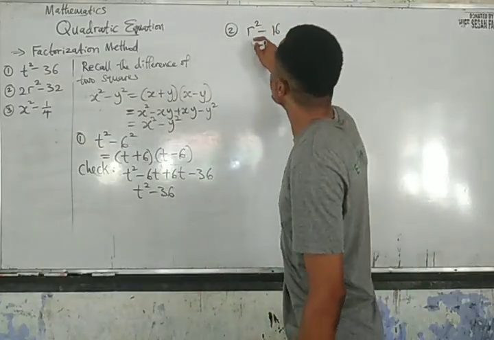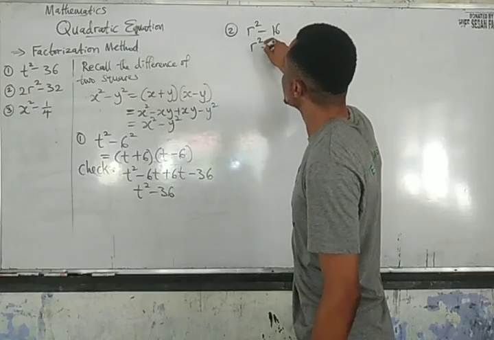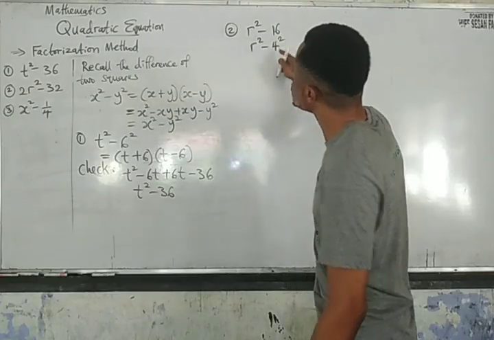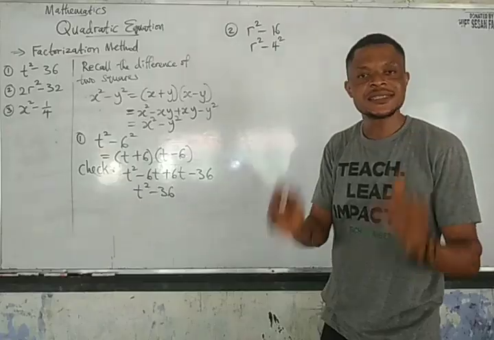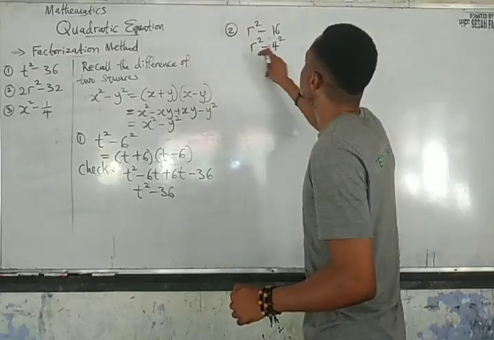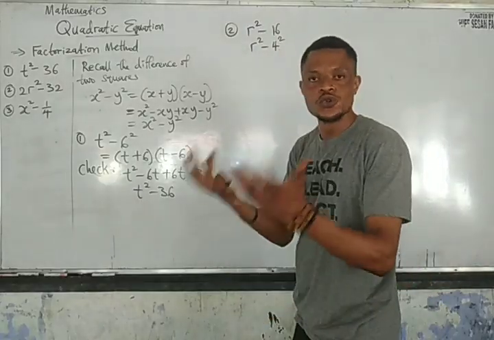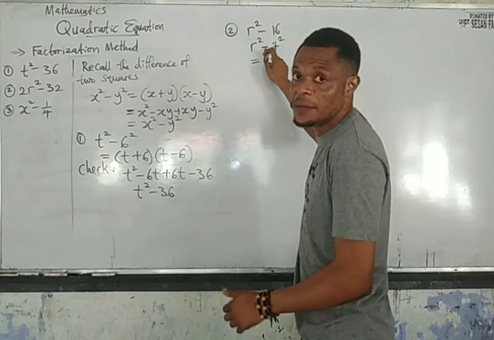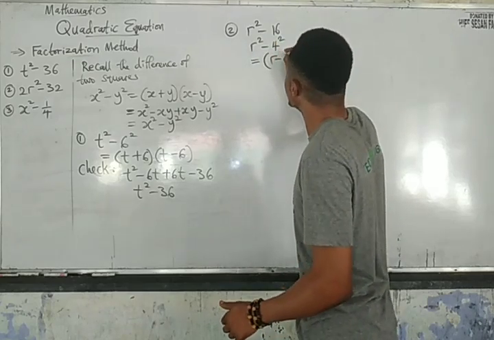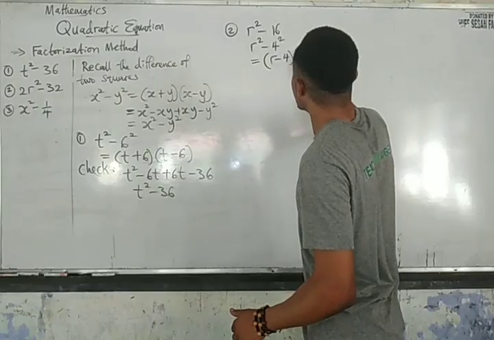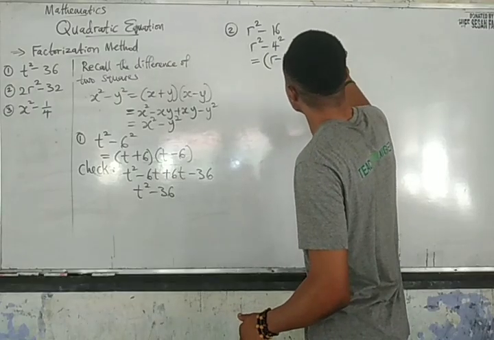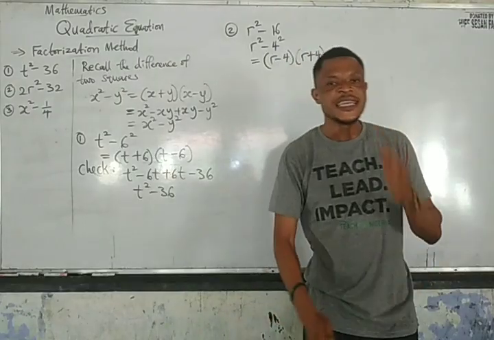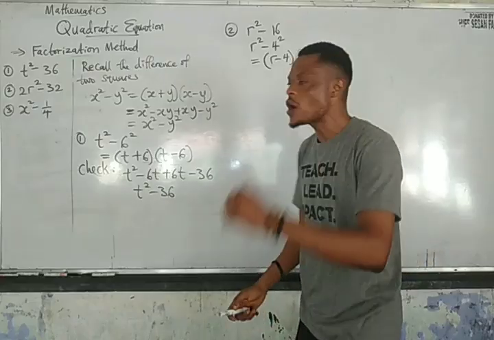And from here, you now have r squared minus 4 squared. 4 squared is 16. Then you now find the difference of two squares, which will give us, I'll deliberately start with the minus, r minus 4 and r plus 4. Factorized. Easy.